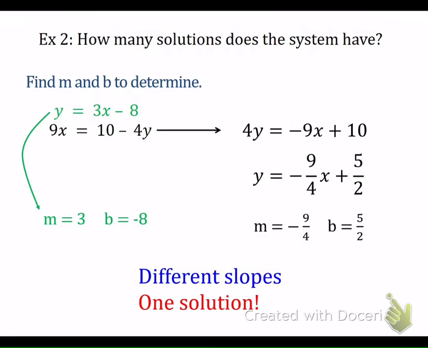Good. So, the only way you'd get no solutions is if the m's were the same, but the b's were different. If they're both the same, then you'd have all the ordered pairs on the line. But here, if I went to graph these, they have different slopes, so they would cross each other. And I would just have one answer. All right? So, one solution.